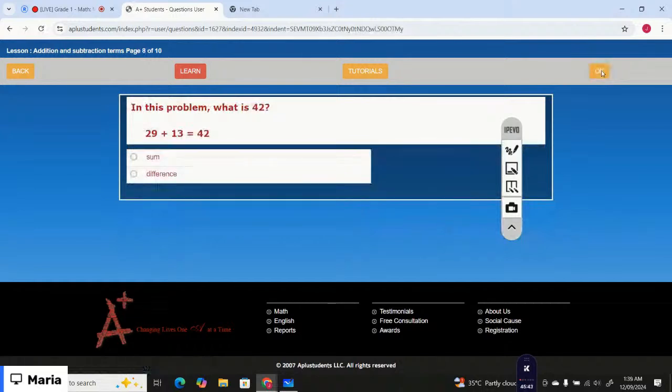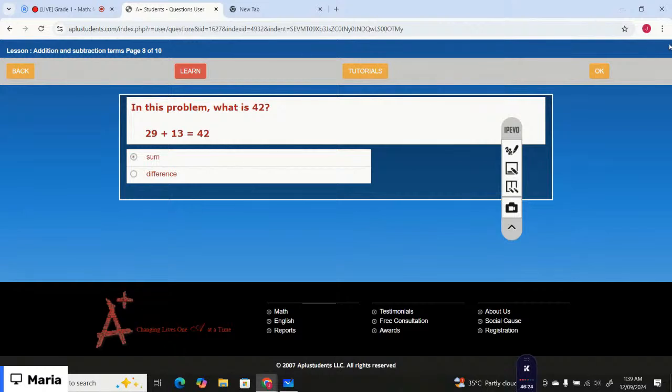In this problem, what is 42? Yes, that is the sum. 42 is the sum of the two numbers.